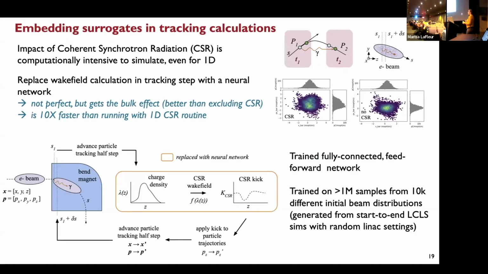There's another avenue where people are looking at the types of calculations that we do in particle accelerators on a really granular level, and then trying to develop surrogates just for those.